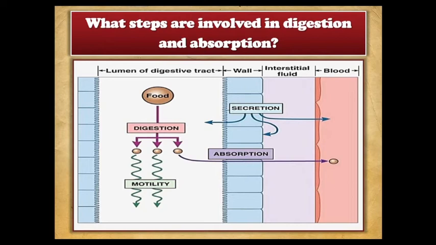So deficiency in enzymes in this phase of digestion and absorption will lead to malabsorption. For example, if there is a deficiency in lipase and protease enzymes, this will lead to lipid and protein malabsorption. This is the first phase.